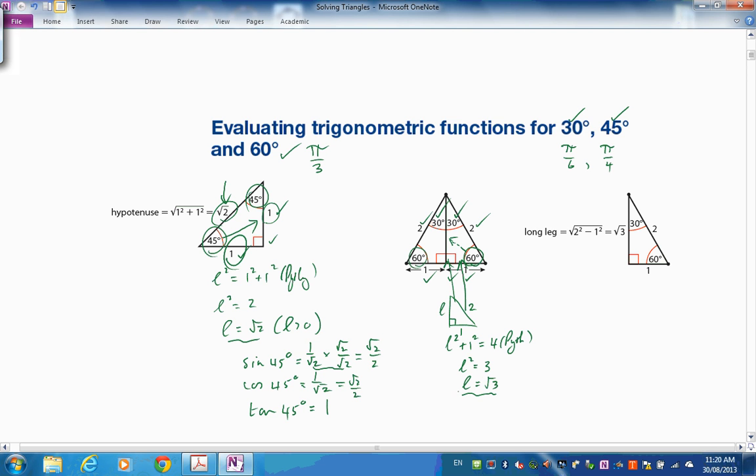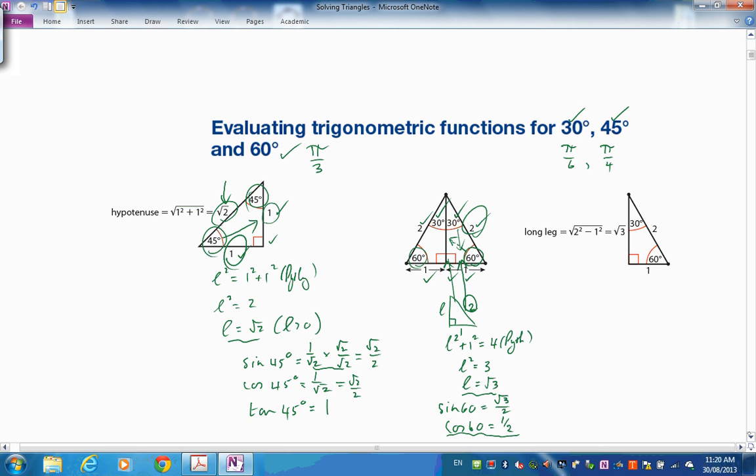Okay, so we can establish, therefore, the sine of 60 is opposite over hypotenuse. There's a hypotenuse there, or in this one, and the cos of 60 is a half, the same as the sine of 30. Okay, so you could see that, you could do the 30 in here as well.